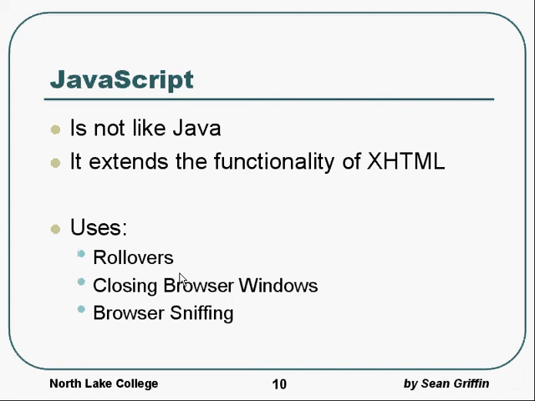And if they said Firefox, well, you could display one page, and if it said Internet Explorer, it could display a different page, or send you in a different direction, or give you a message that says, hey, we don't support that browser. So it's something called browser sniffing that can be done with JavaScript. Not as common as it used to be.